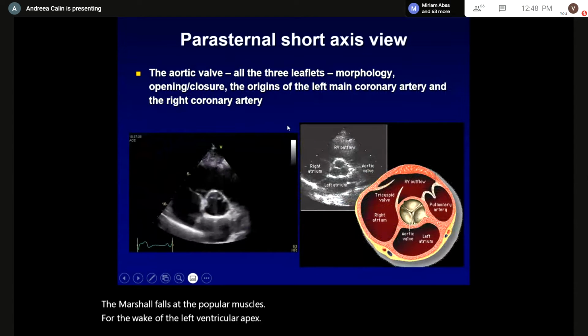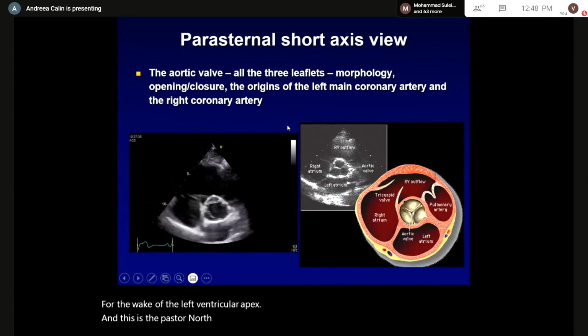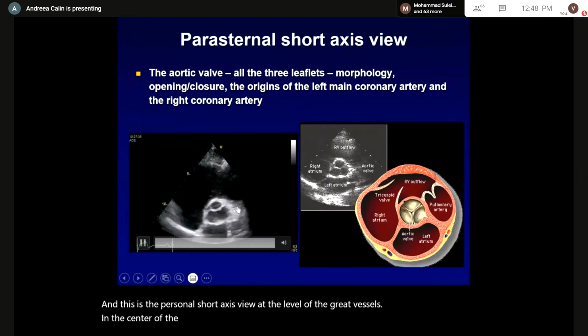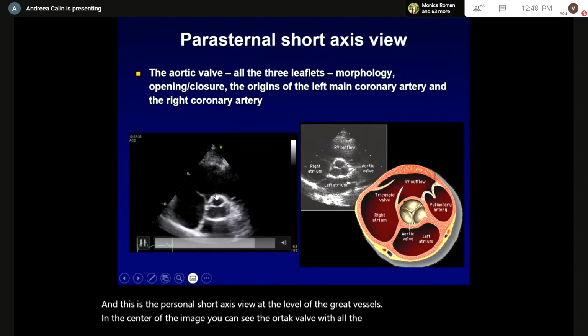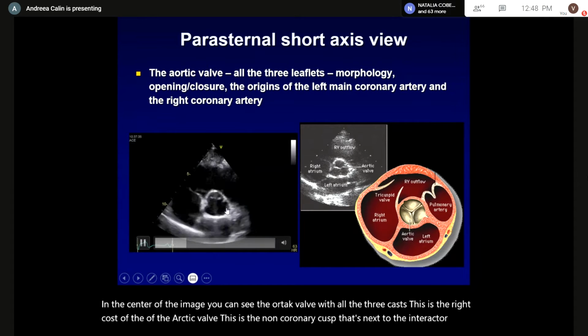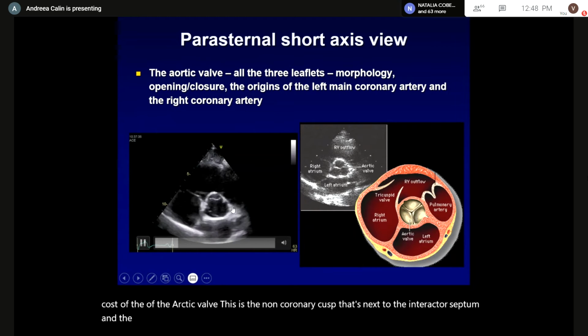And this is the parasternal short axis view at the level of the great vessels. In the center of the image, you can see the aortic valve with all the three cusps. This is the right cusp of the aortic valve. This is the non-coronary cusp that's next to the interatrial septum, and the left coronary cusp.